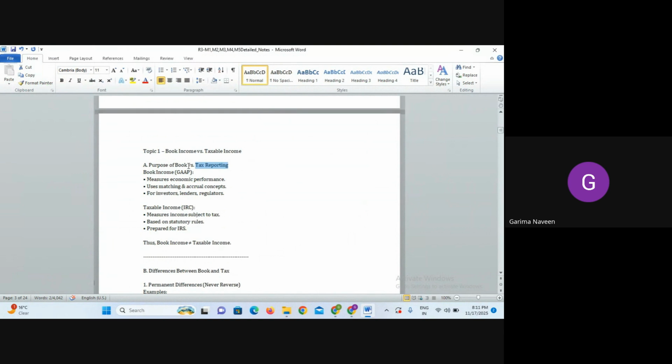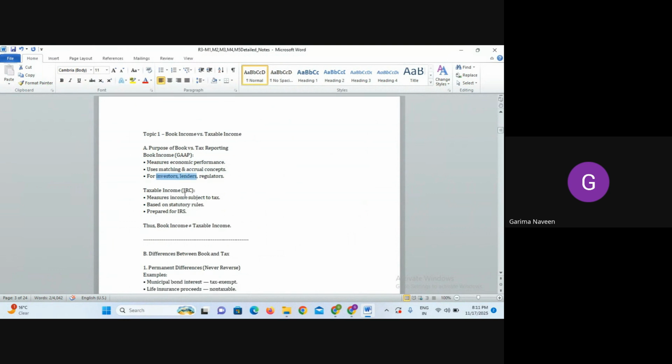If we talk about book income, it basically shows the economic performance. It uses the matching and accrual concept and it is used for investors, creditors, lenders, regulators. Whereas taxable income basically measures the income which is subject to tax.